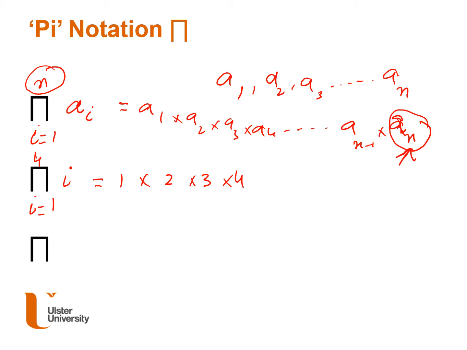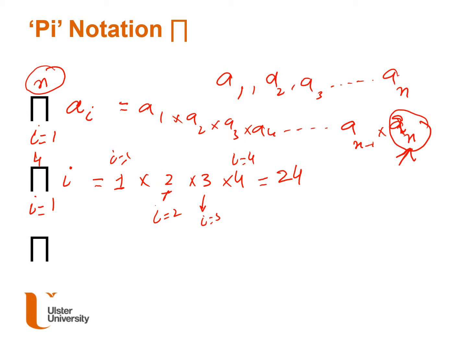At this point, we know that the value of i is 1, and here the value of i is 2. Here we've got i equal to 3, and of course here we know that the value of i is 4. Once we multiply all these terms, 4 times 3 is 12, times 2 is 24.